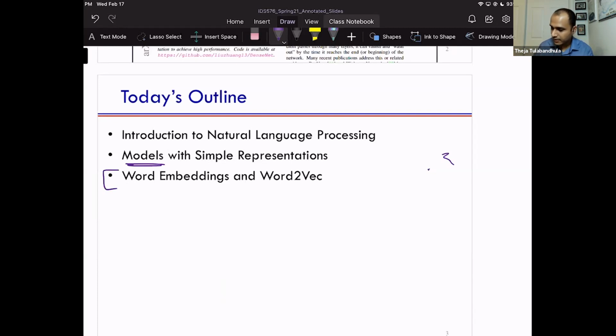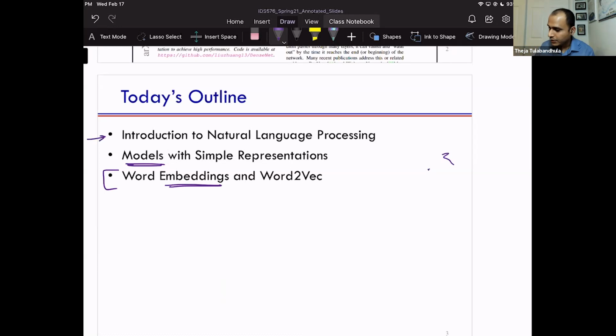But the later half of the session is all about how to get good representations of words. We'll see that these representations of words are just like transfer learning. Once you get representations of words, you can reuse them in many different tasks, as long as there's some compatibility between the tasks you want to do and the embeddings you got. So those are the three steps.